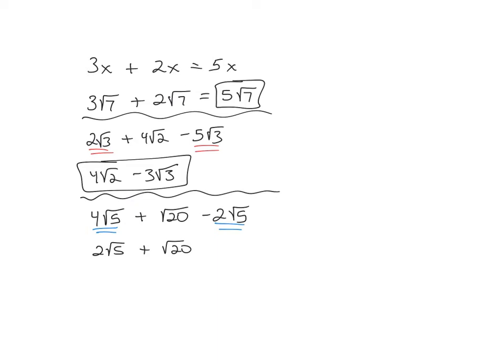And usually if the numbers are a little bit bigger, bigger than 10, technically 8 can be simplified, but bigger than 10, you got to look at them to see, can I simplify?